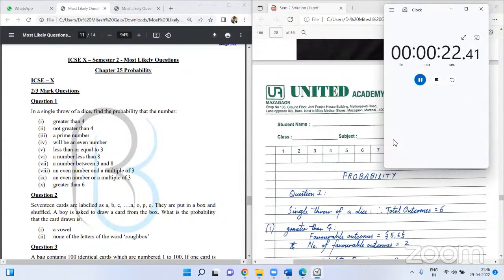So questions related to 2 dice and 3 coins are not there.